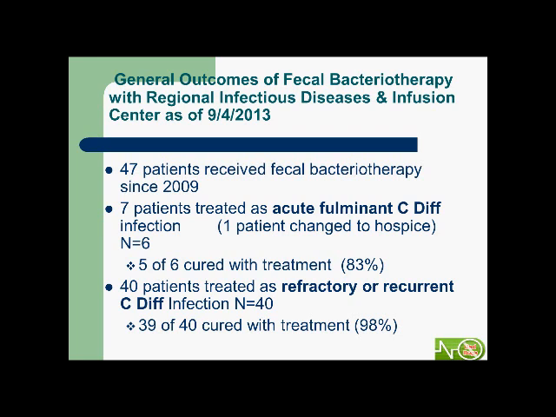In that situation only we did acute patient treatments, and one of the patients went on to hospice. So only 5 of the 6 patients were treated, and they did go on to heal with the C-diff therapy and fecal bacteriotherapy, which helped really recolonize them. That is the judgment that we had as to fecal bacteriotherapy having contributed to the survival of those 6 patients.